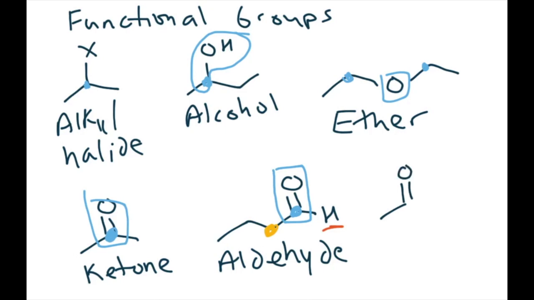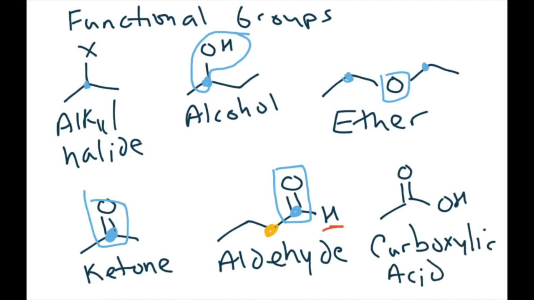Then we have carboxylic acid. Again, you have that carbon double bonded to an oxygen. One side you have a carbon, on the other side you have an OH. So carboxylic acid. We have esters.